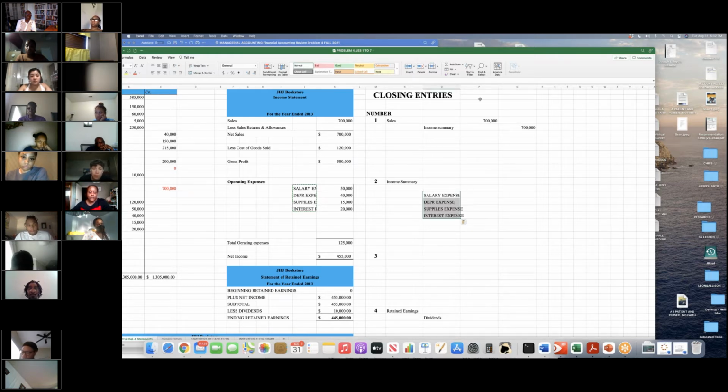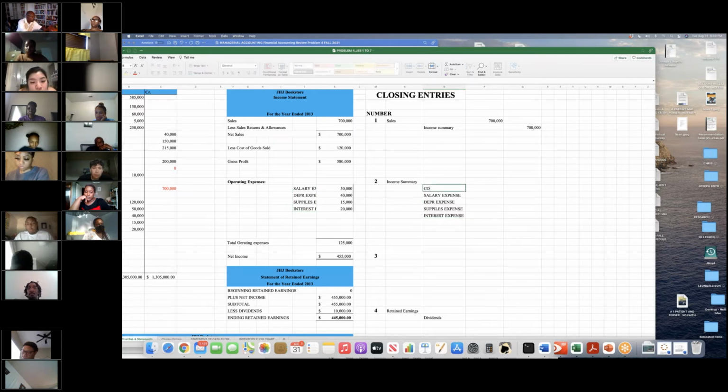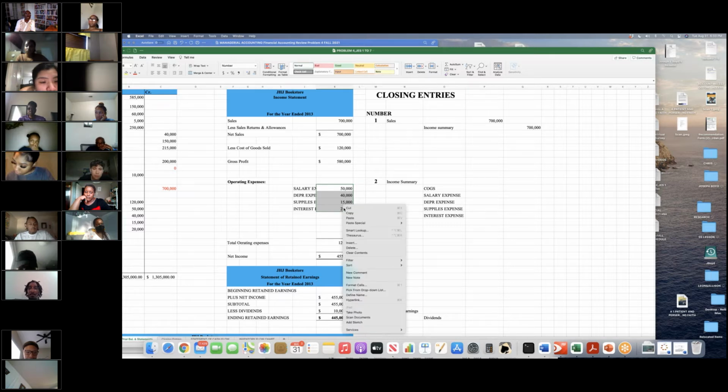So we have all of these accounts. Plus we got to close out the COGS account. Oh, good. So these amounts are going to come in, copy.